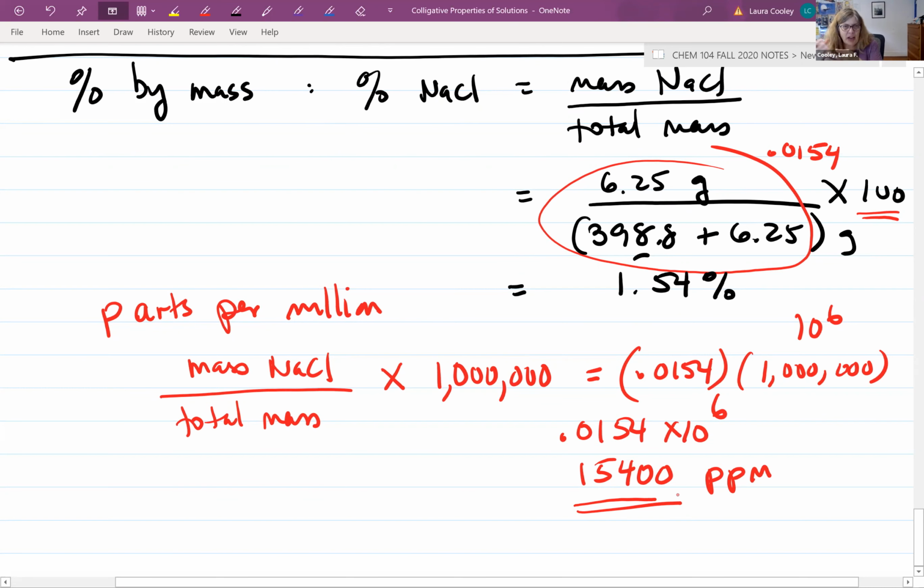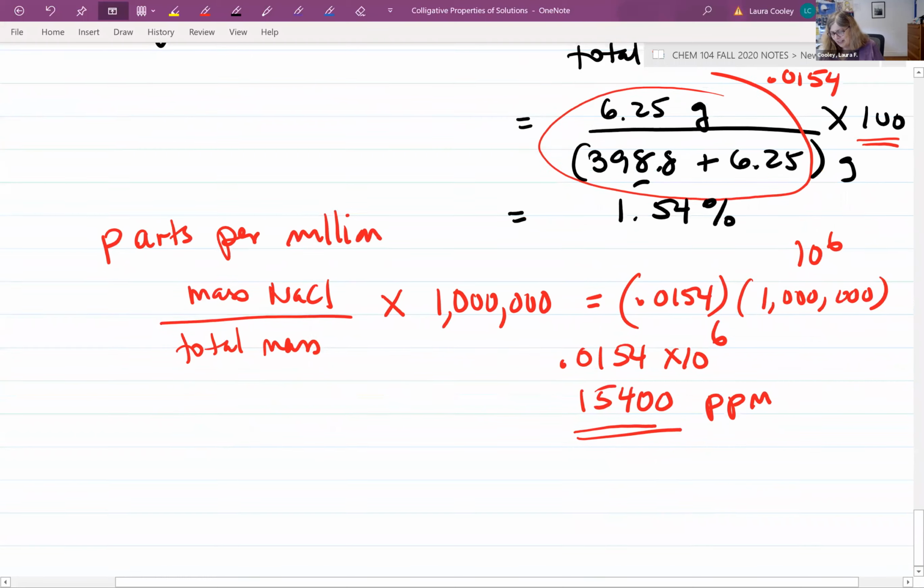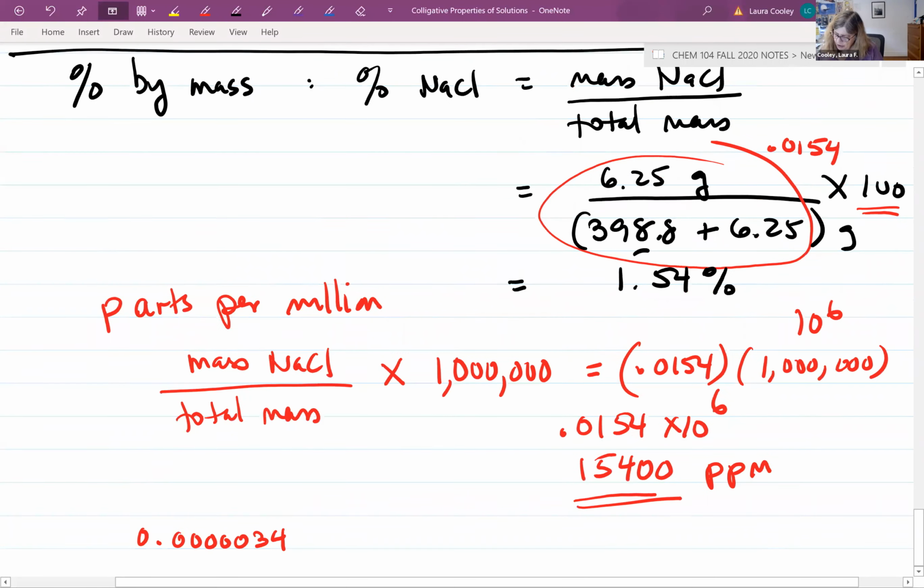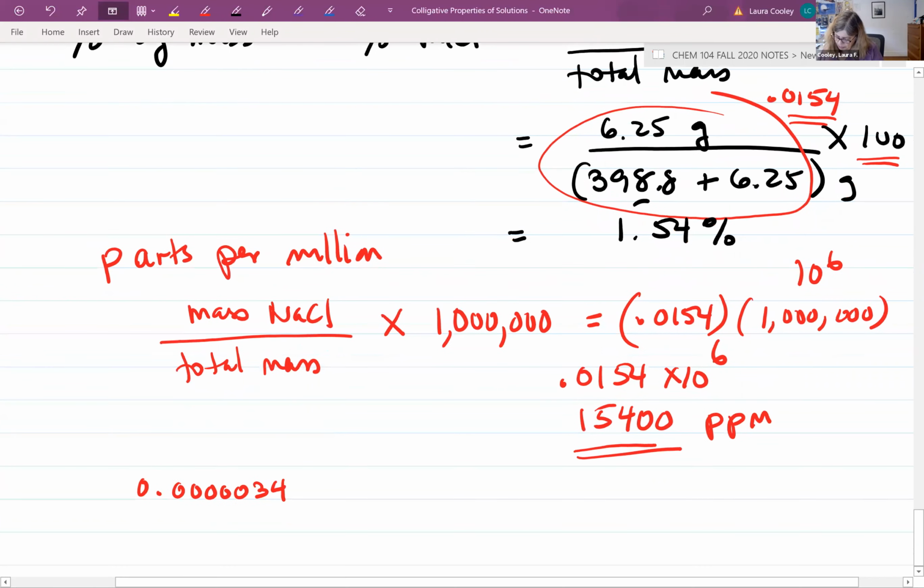That's just because you divided it into a finer amount of parts, so you got more of them that were sodium chloride. But if you had something with a very, very low concentration, like 0.0000034%, and you multiplied it by a million, 1, 2, 3, 4, 5, that would be 3.4 parts per million.